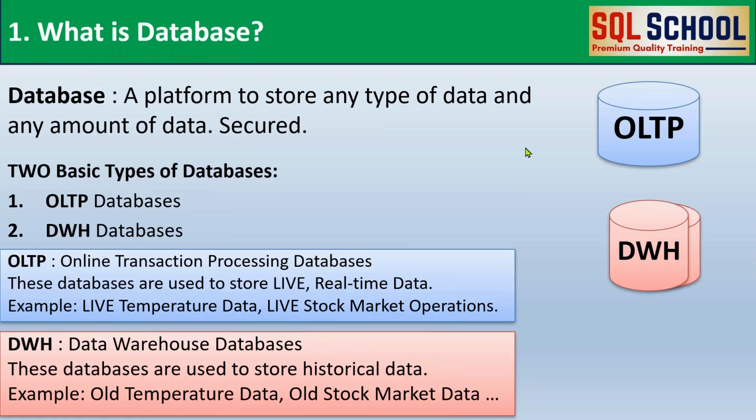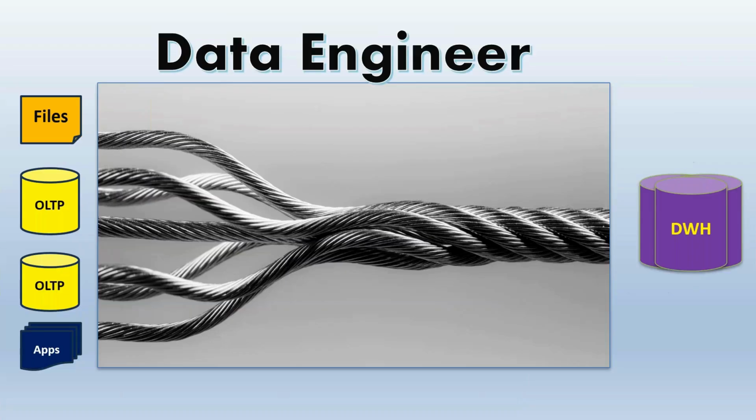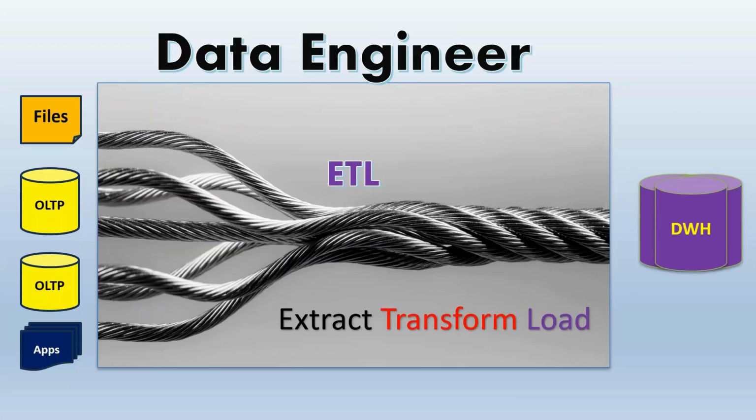And we need to bridge these items together. And that is what we do in the data engineering stream. We are going to read data from various sources like files, databases, apps, social media, etc., transform, change their look and feel, change their format, and finally load the data into the warehouse.